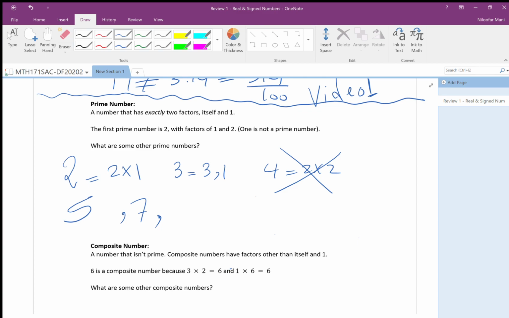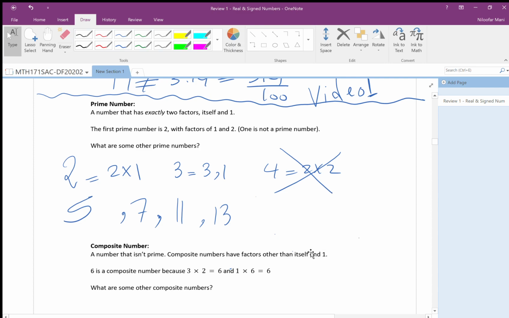Also 9 is not, and 10 is not, and again 11 yes, and 13 yes, 12 no. So when I cannot break the number into different factors other than itself and 1, I say that's a prime number. If I cannot break it, just 1 and itself, yes, that's okay, but other numbers, no. So that's prime numbers.